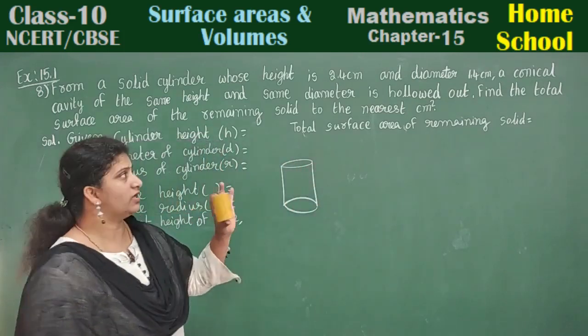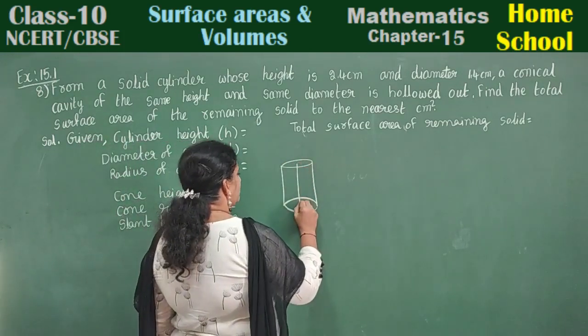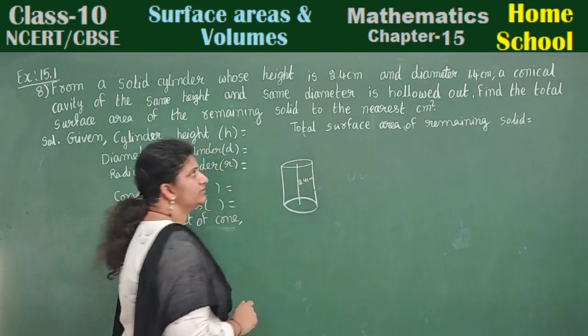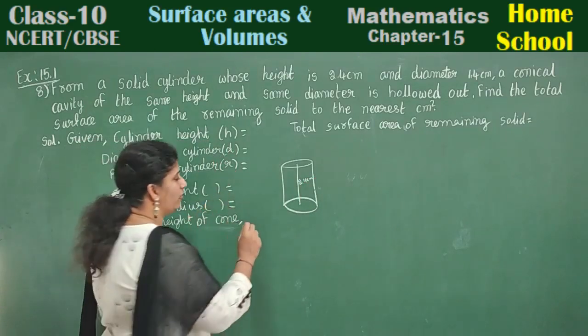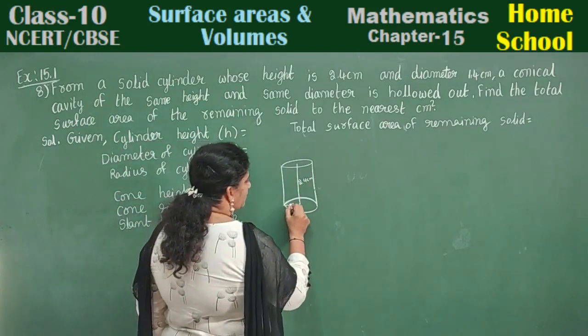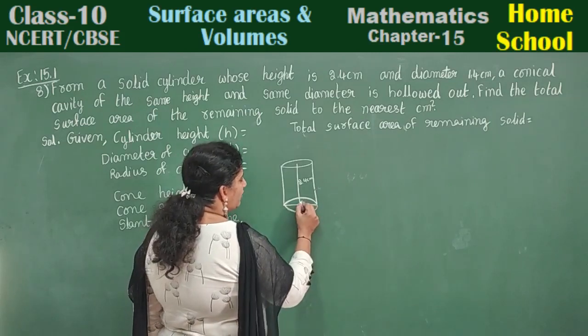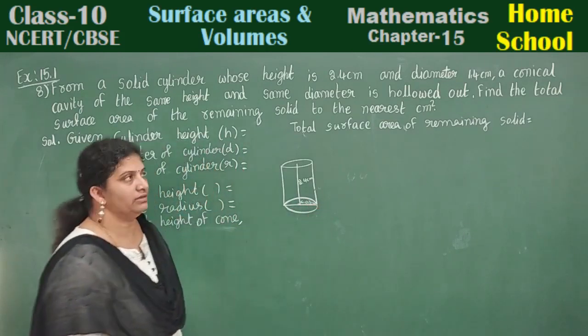Okay, this is a solid cylinder and its height is 2.4 centimeters. And what is the diameter of this? 1.4 centimeter. From here to here it is 1.4. Then what about radius? 0.7 centimeters.